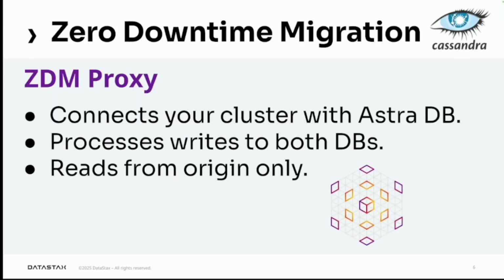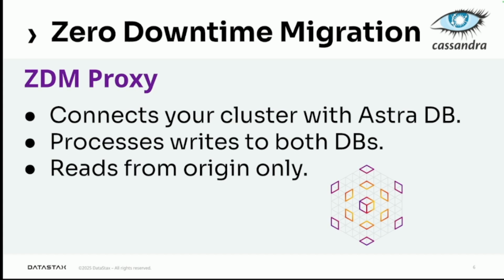So just what is the Zero Downtime Migration Proxy? Well, essentially, the ZDM Proxy is a software package that we've built that connects your cluster with Astra DB and gets them to operate as a single cluster. The idea is that it processes writes into both databases, but serves reads only from the origin.